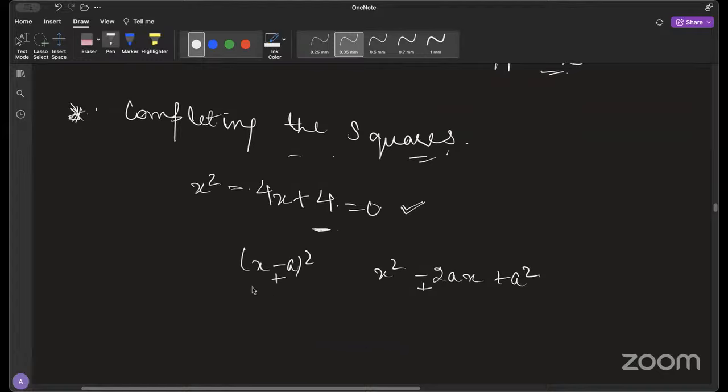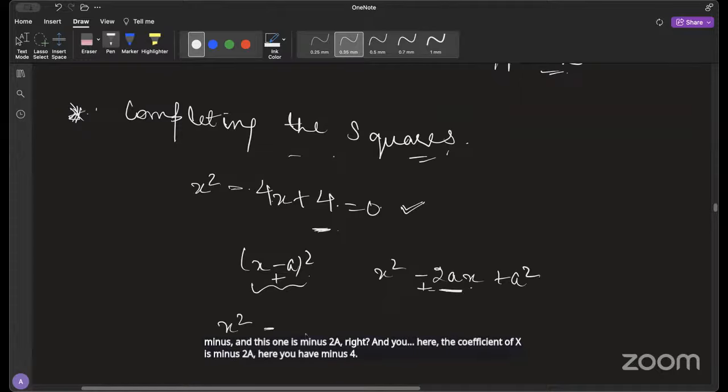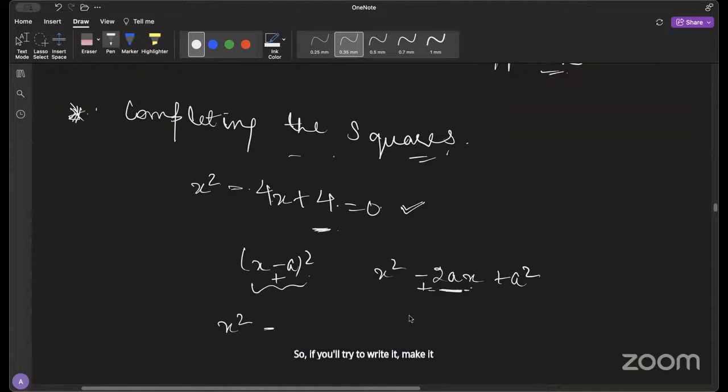So we're trying to make it look like this one. We have x square minus, and this one is minus 2a, so the coefficient of x is minus 2a. Here you have minus 4. So if you try to make it look like this one, you will have x minus 2. And then what's left here? To make it look like this one. 2.